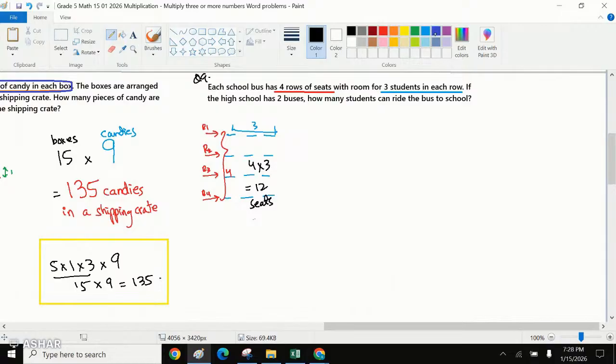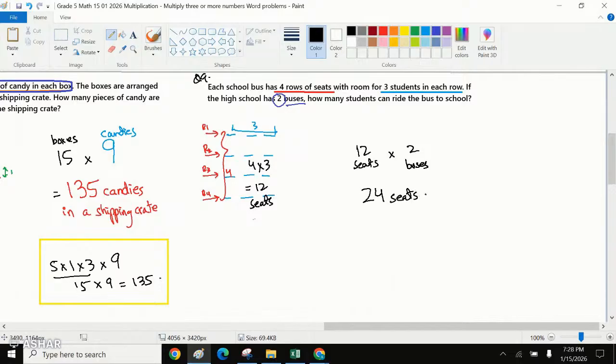Okay. The high school owns how many buses? Two buses. That means if there were 12 seats multiplied by 2 buses, 12 multiplied by 2 should be 24 seats.